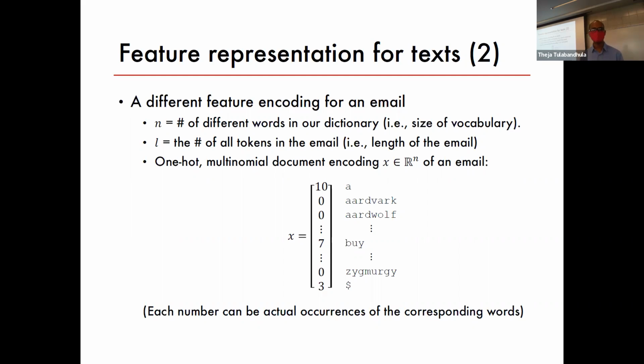Each coordinate is going to be a count, and so the whole vector is a realization from a multinomial distribution.